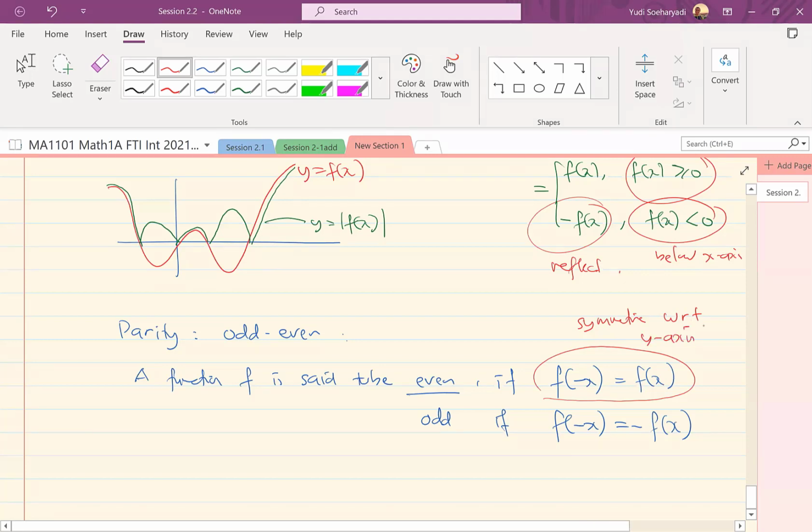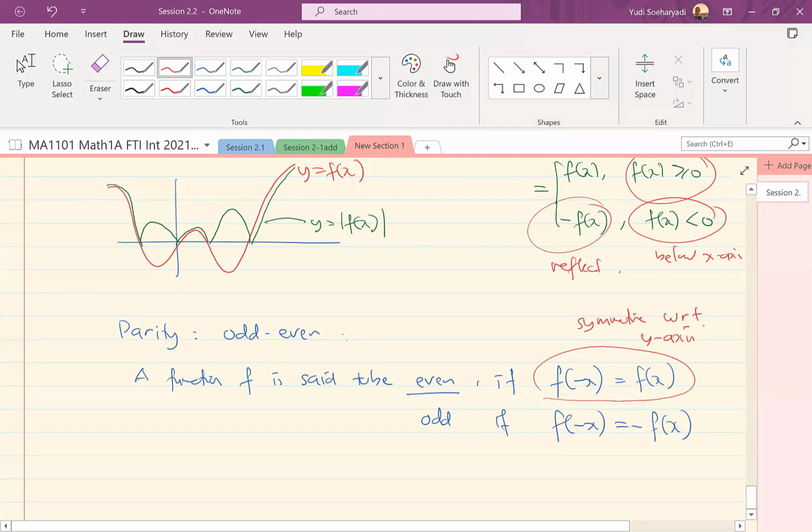To the left and to the right of the y-axis, it is the mirror image. So the y-axis is the mirror, and the graph is the image.